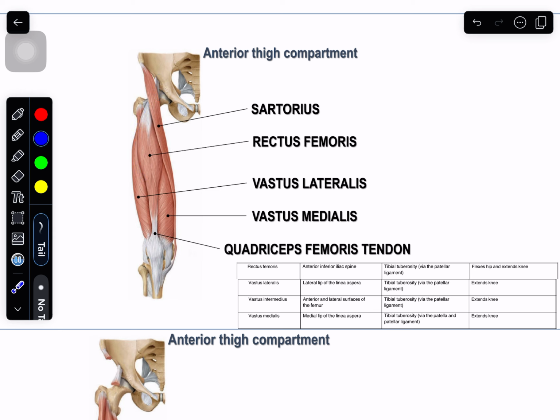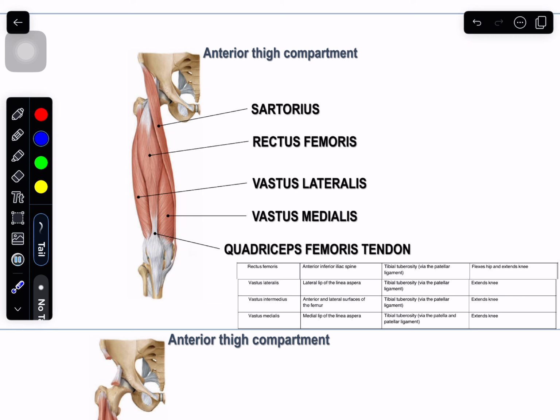So here in the middle we see that rectus femoris, right? Rectus meaning up and down. We see that with the rectus abdominis. And on either side, flanking that rectus femoris, we have the vastus lateralis and the vastus medialis, with the lateralis being on the lateral side and the medialis being on the medial side.